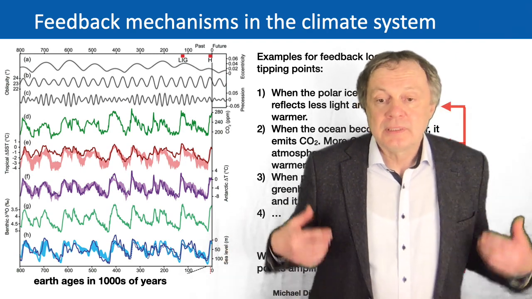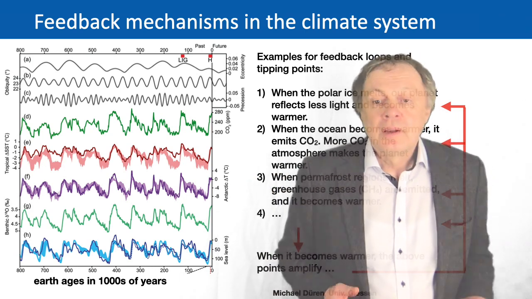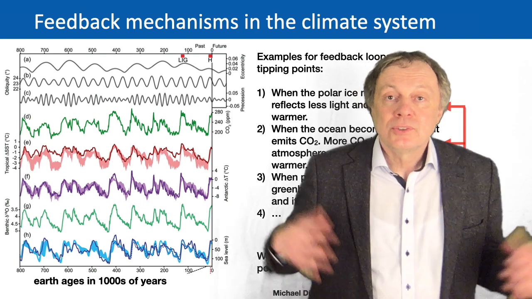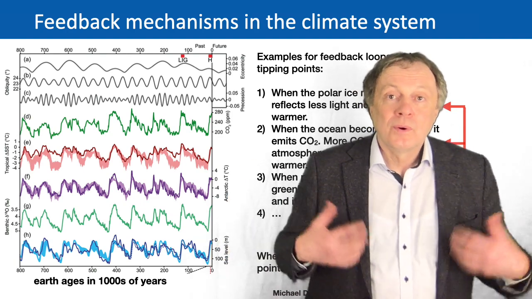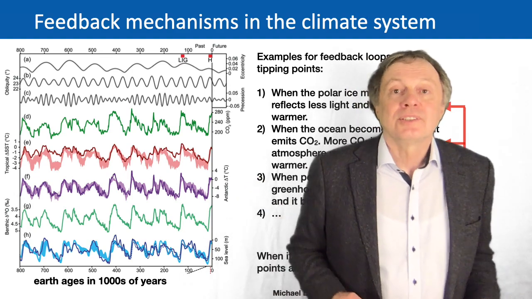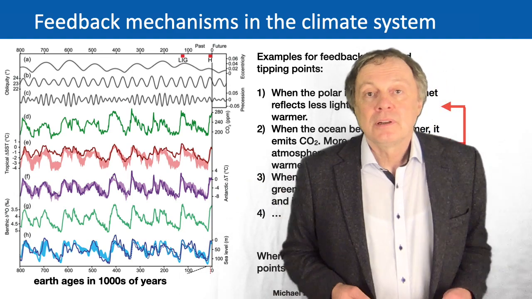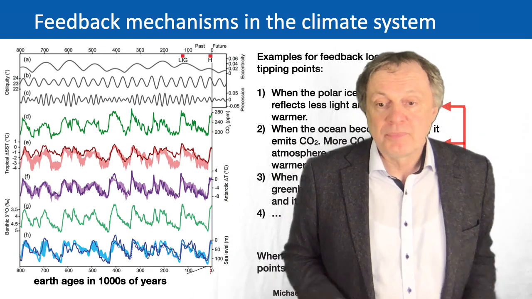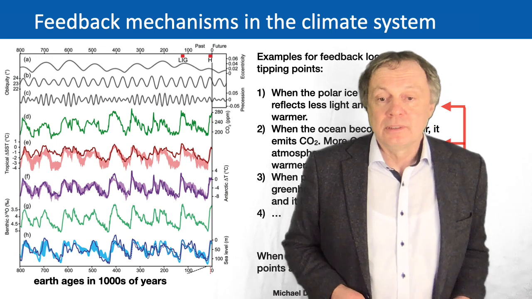Another effect is with the CO2. I told you already that half of the CO2 is absorbed by the ocean. If now the ocean becomes warmer, the CO2 is emitted, because warm water emits CO2. You can study that yourself. If you take a bottle of mineral water and you heat it up, then the CO2 comes out. The same is happening with the ocean.